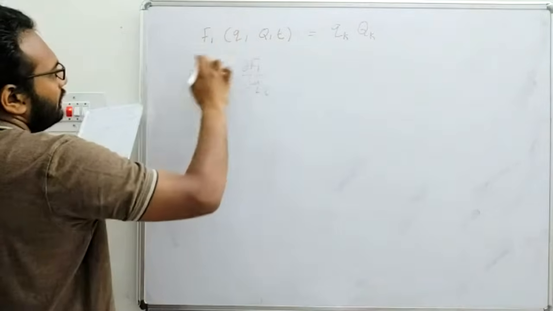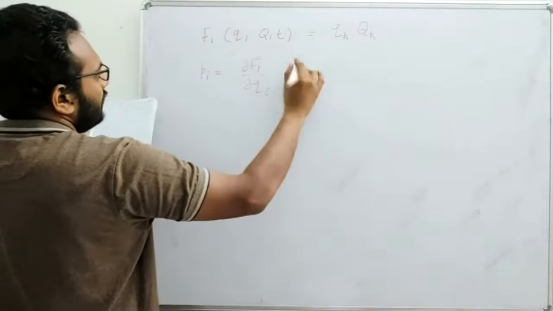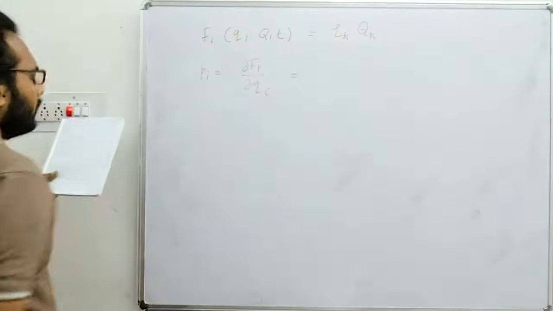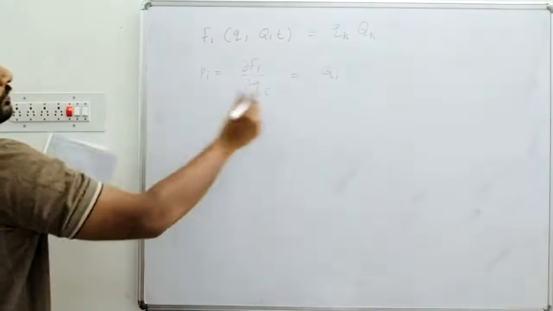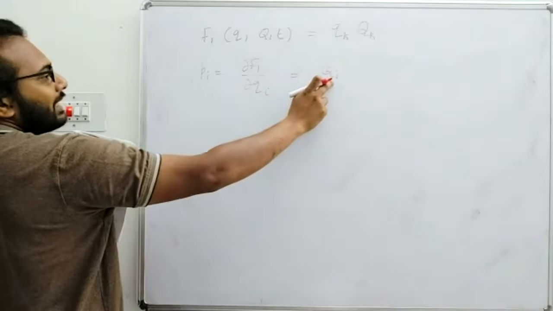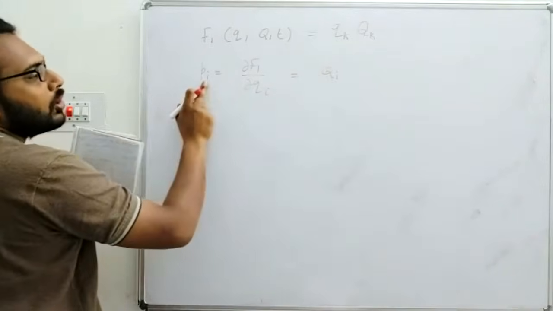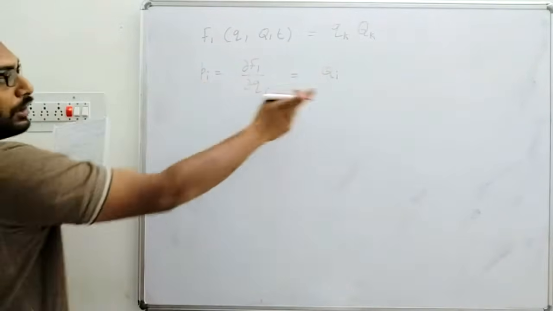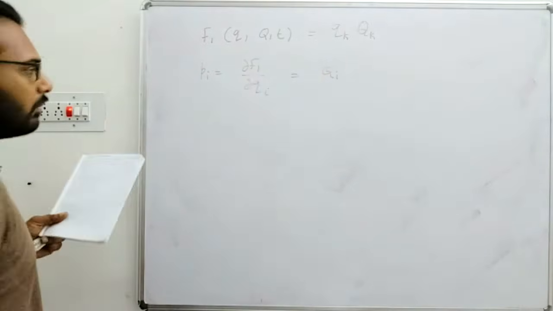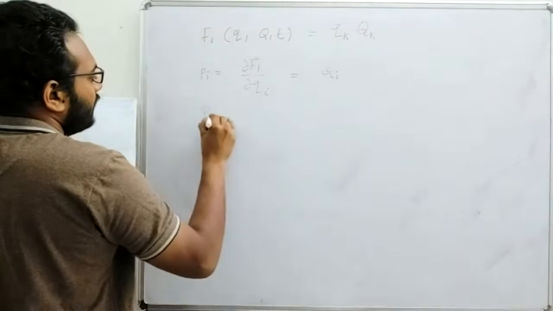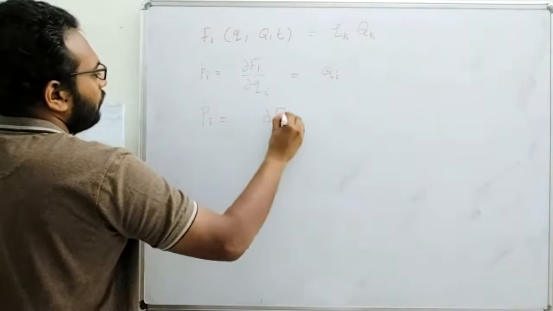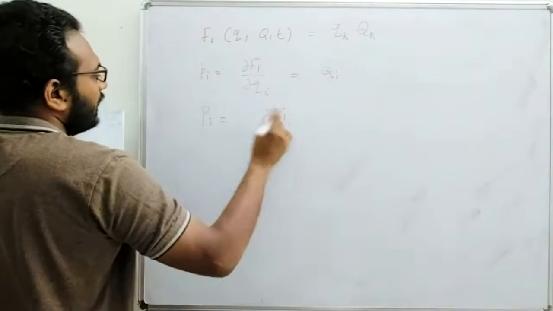If you take dou F by dou Qk, you get capital Pi. What you see is that the new coordinates are the old momenta. Similarly, you get capital Pi.